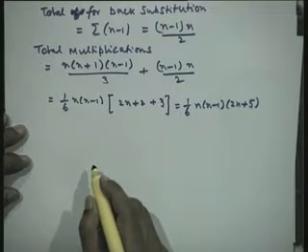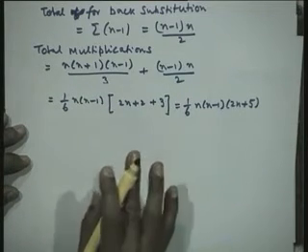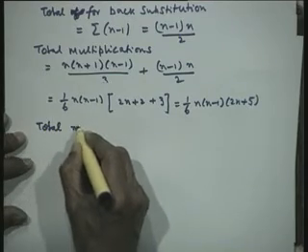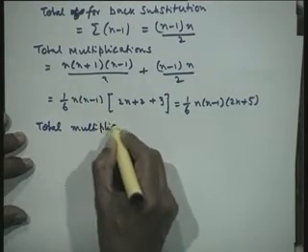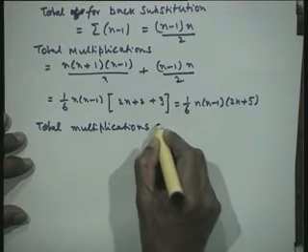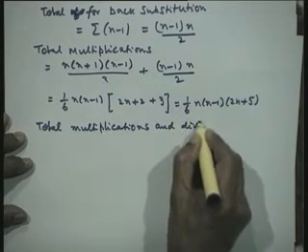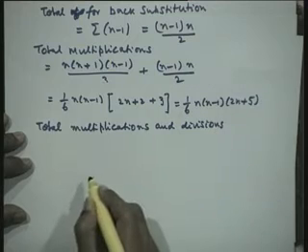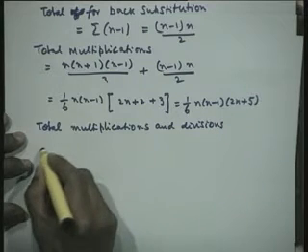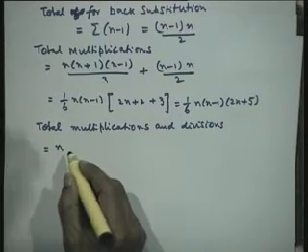Therefore, the total count of the major operations, normally operational count would imply the total number of multiplications and divisions. The reason being that the time taken for subtraction or addition is a much smaller factor compared to multiplication and division. So, let us take the total multiplications and divisions.